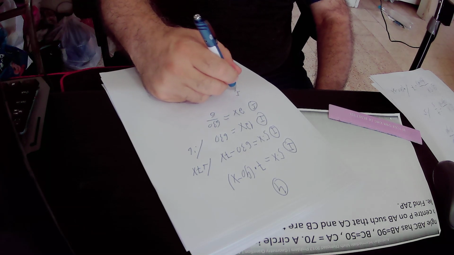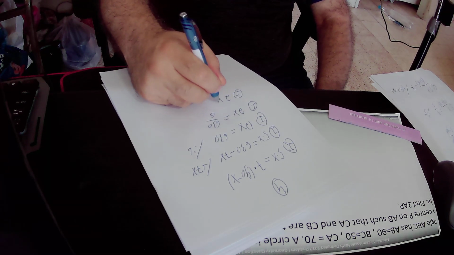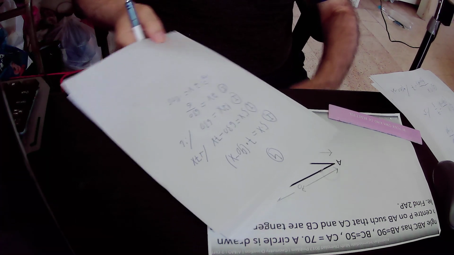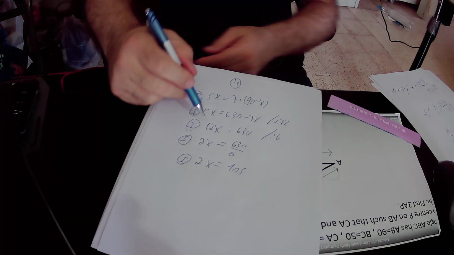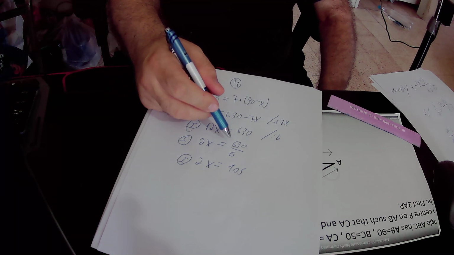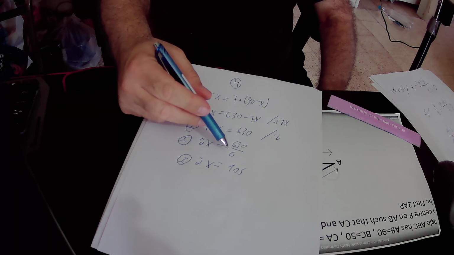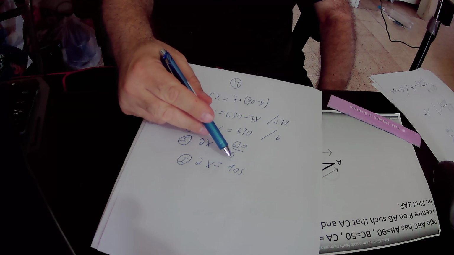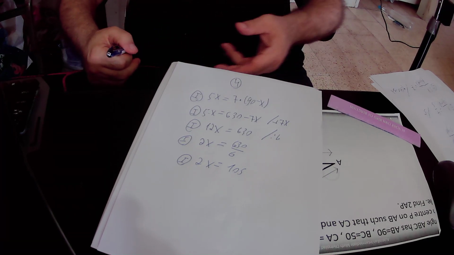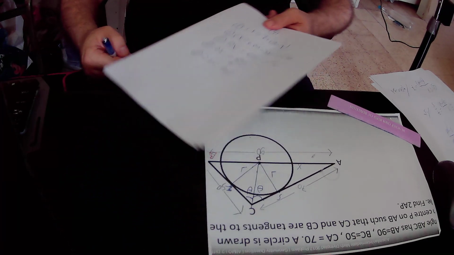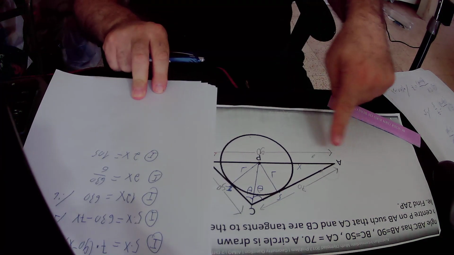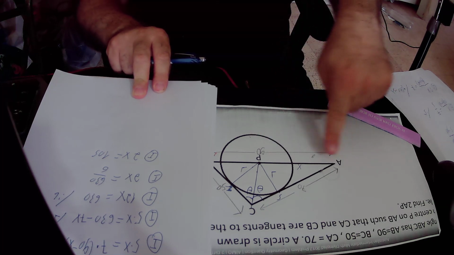So 2x equals 105. Here 12x divided by 6 is 2x, and 630 divided by 6 equals 105. So actually we get x equals AP. Yes, as you can see here, x equals AP.